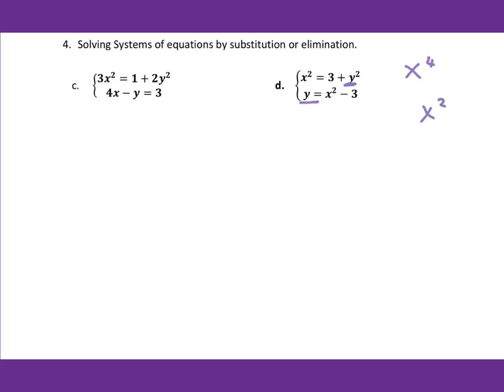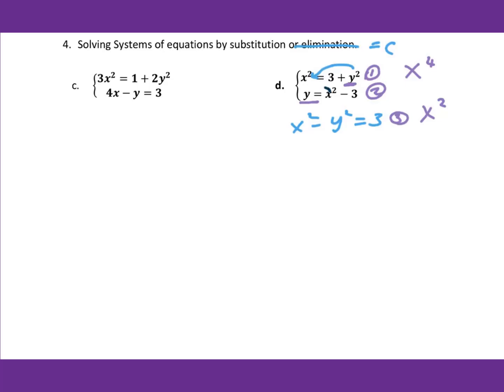Therefore, you can try elimination this time. Try to get equal to a constant. So we move y squared to the left side. We got x squared minus y squared equals 3. This is 1, here's 2.